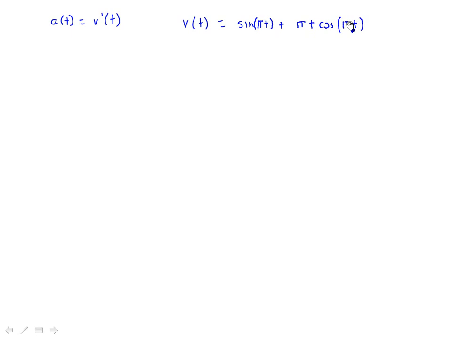Now, when we differentiate this, we get some good news and some bad news. A as a function of t will be equal then to the derivative of sine, which is going to be cos pi t. That doesn't involve anything like the product rule, multiplied by the derivative of the inner, which is pi. So pi cos pi t.